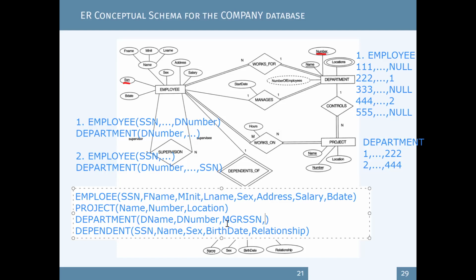Now, since we put manager social security number here, and we have a start date also should come in this side. So we will put manager start date. Right? So like this. So we can put one-to-one relation. And you know, if you put number this side, there'll be a lot of null values. Therefore, we take the social security number, we put in the other side.